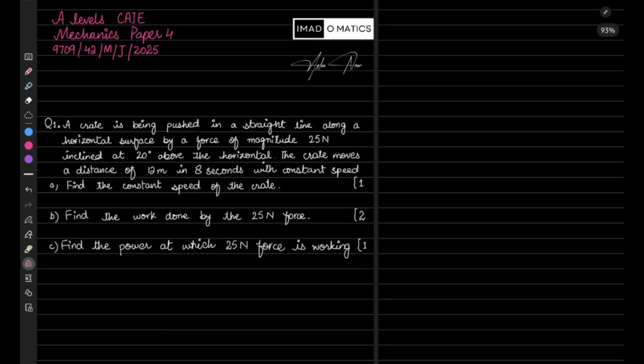So let's side by side make a diagram for it to understand the whole situation in a better way. They say a crate is being pushed in a straight line along a horizontal surface by a force of magnitude 25 Newton inclined at 20 degrees above the horizontal. So what kind of a surface do we have? We have a straight horizontal surface.